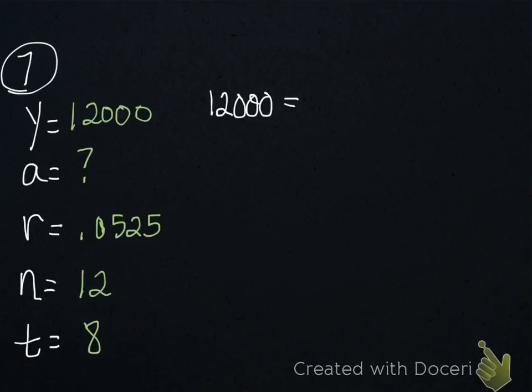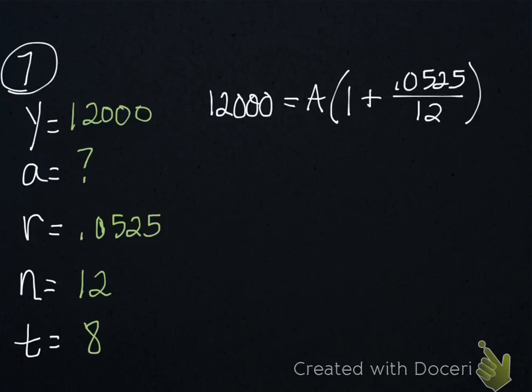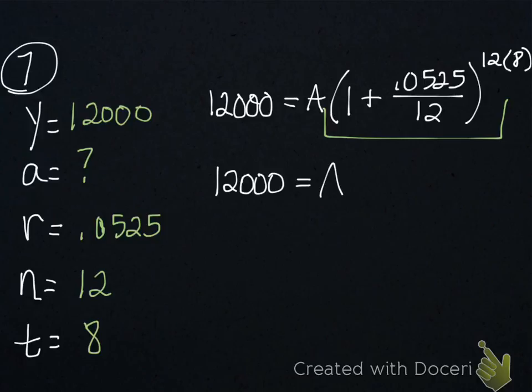Now let's plug it all in. 12,000 equals A, parenthesis, 1 plus 0.0525 divided by 12, raised to the 12 times 8 power. Remember, we're going to plug that into the calculator, just the parenthesis part, and get a value for it.